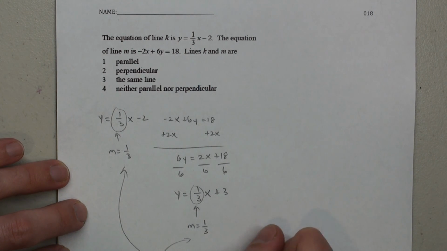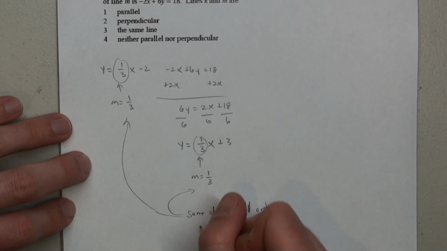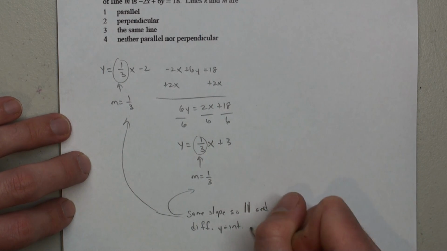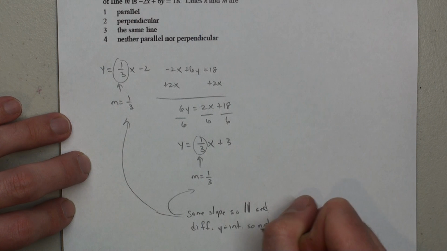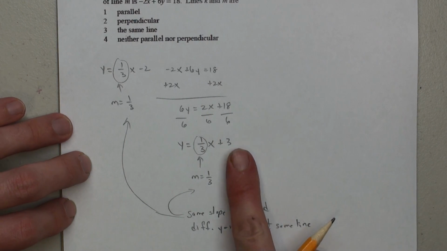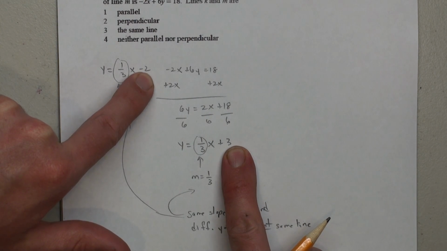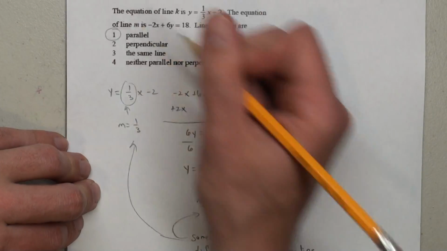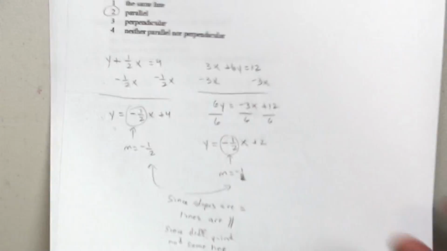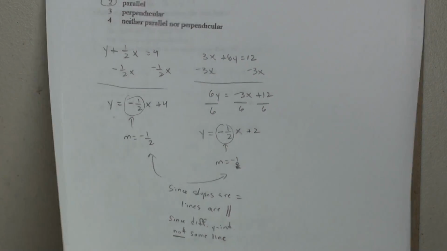Same slope, so parallel, okay? And different y-intercept, so not same line. Here's the y-intercept of this one, here's the y-intercept of this one. They're different, so it's not the same line. They're just parallel. Alright? Probably just want to go back just to this one and underline not same line.